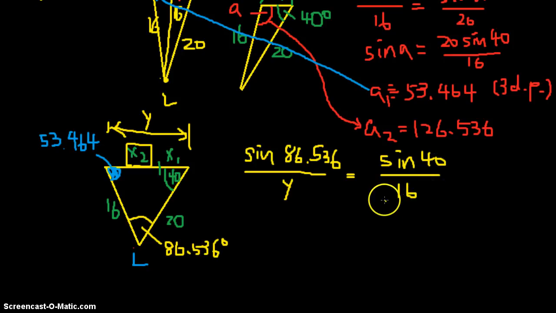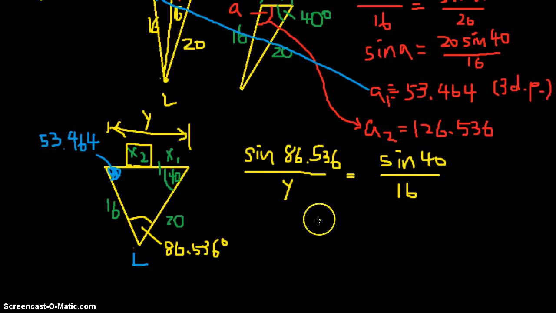At this point, you might be asking, is it okay if I use this blue angle and this 20 over here? Yes, you may. However, the reason why I'm using this 40 degrees and the 16 is because of accuracy. This was not rounded, that was given by the question. So I'm trying to make my answer as accurate as possible. I think it's a good habit to use the data that's going to give you the higher accuracy.